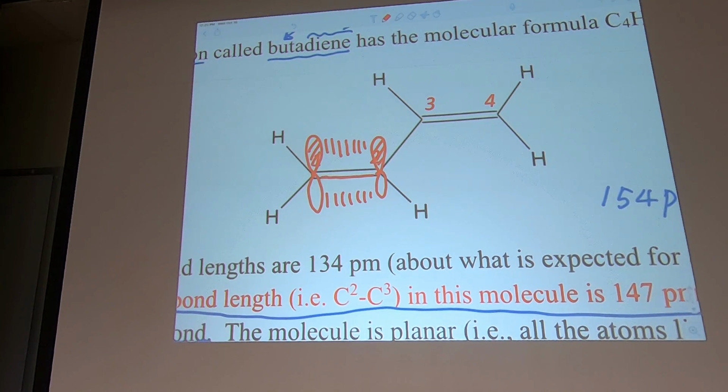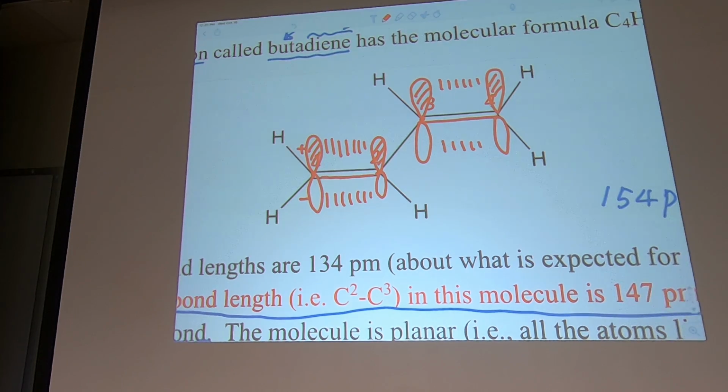The extra p orbital forms this sideways overlap, and it has a polarity, so I'll put this as a plus and this as a minus. They have this overlap, and they form this pi bond.